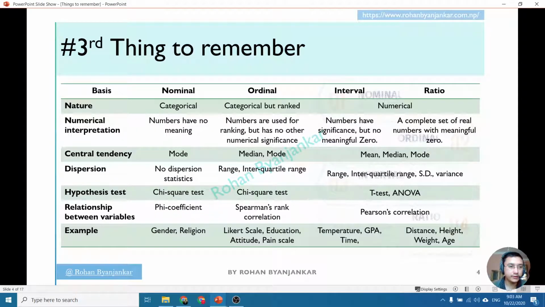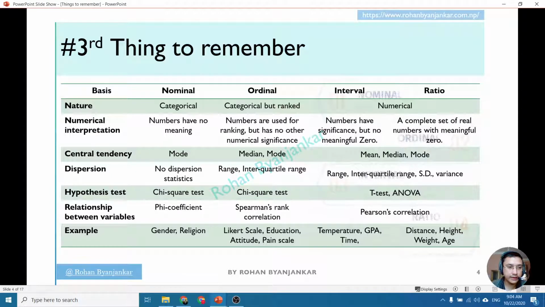And a third thing to remember, this is the most important part one must know while carrying out data analysis. One must know that there are four levels of scale of measurement, and one must know which statistical test one should perform in these scales of measurement.